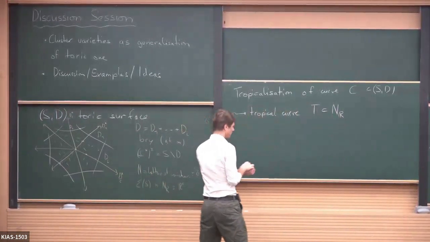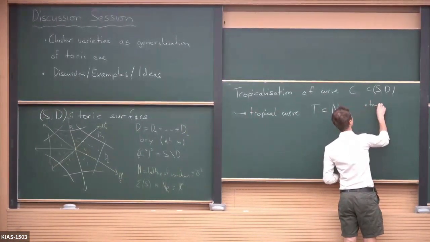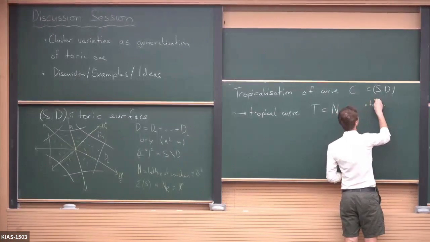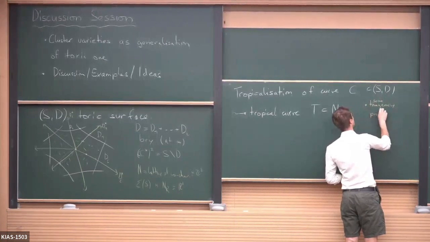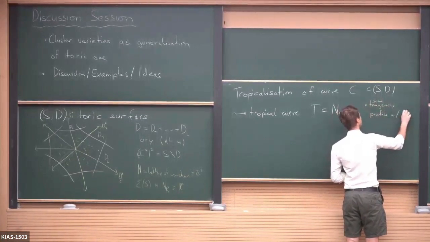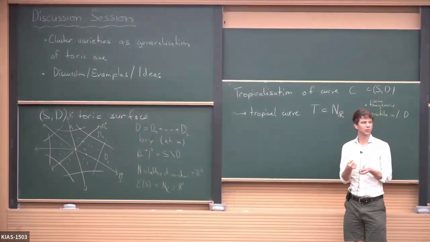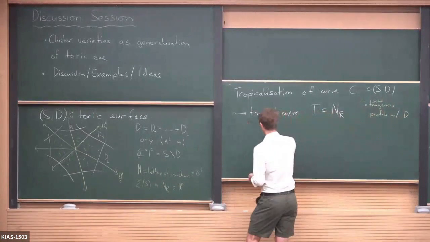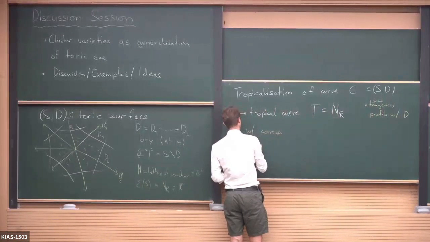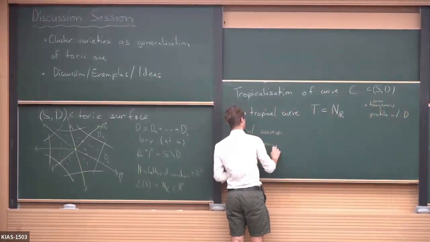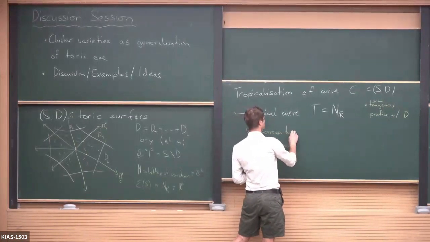And then if C has some tangency profile with D, then the tropical curve will have the same kind of tropical tangency profile, with corresponding tangency profile.